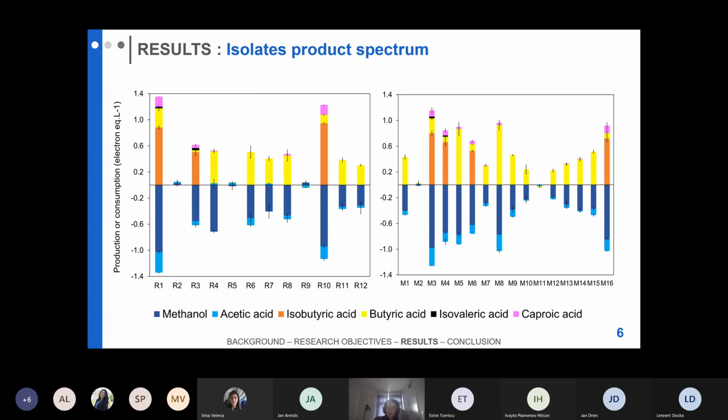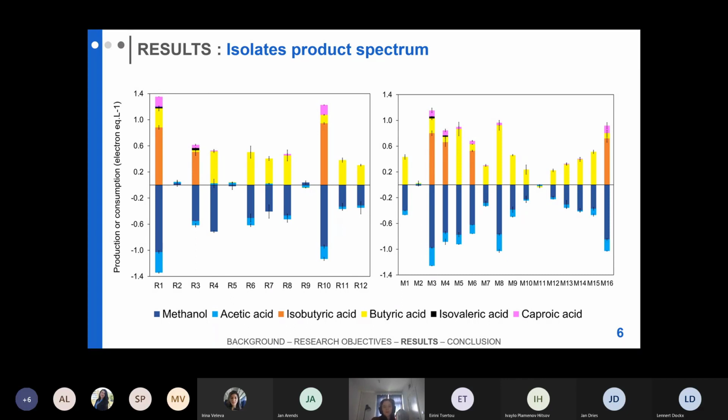And so what I did is I ran an isolation campaign from a mixed culture reactor that we had running that was producing isobutyric acid from methanol. I ran that isolation campaign by performing plating isolation techniques on two media: a rich medium, reinforced Clostridium medium, and a synthetic medium that was the same as the one used for feeding the mixed culture reactor.